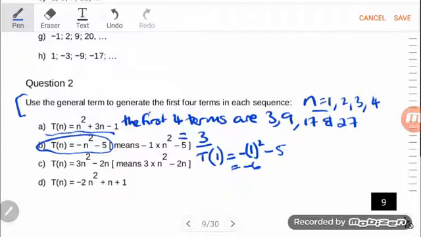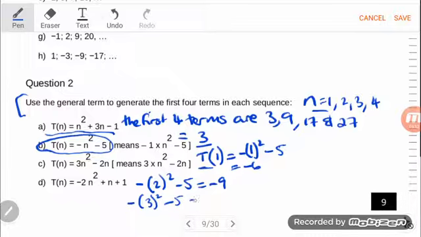So again, I'm going to miss this very first bit here just to save space. So when n is equal to 2, I'm going to have minus 2 squared minus 5, which is going to be minus 9. So we are decreasing in number. Minus 3 squared minus 5 is going to be minus 14.